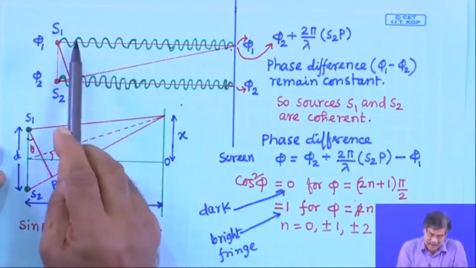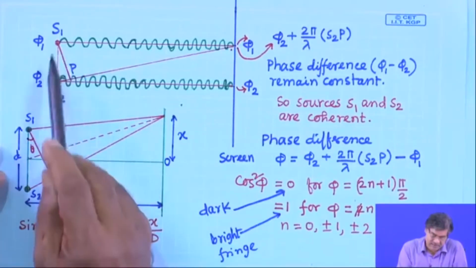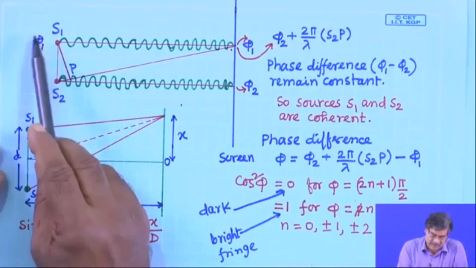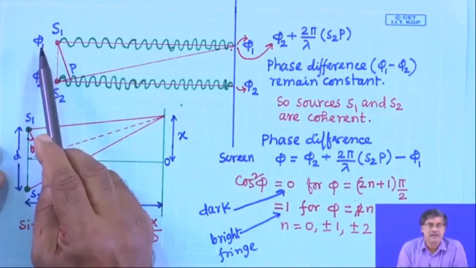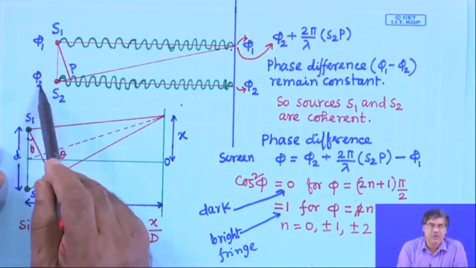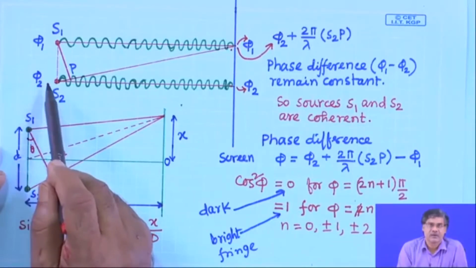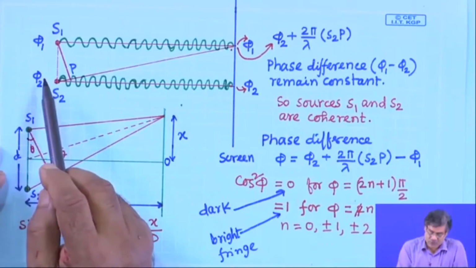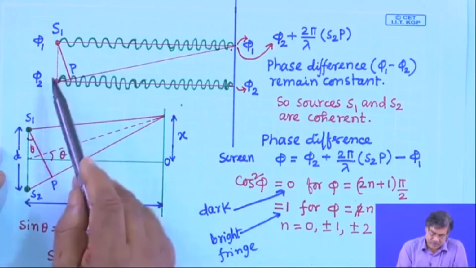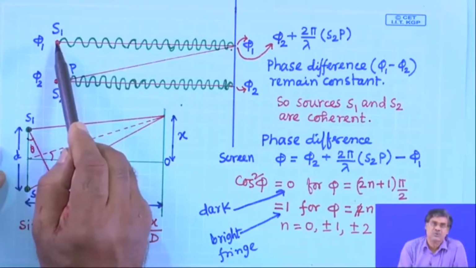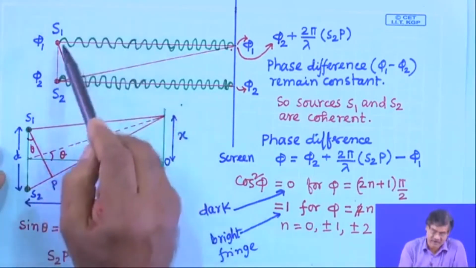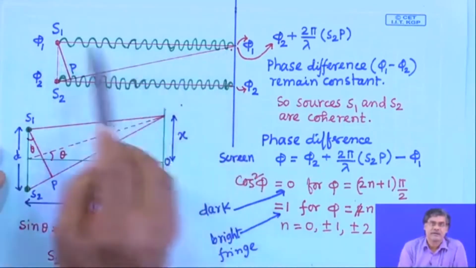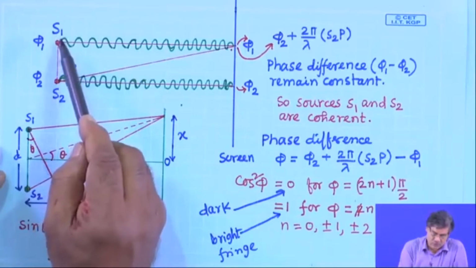And their initial phase, for this one say phi 1, and at this point it is phi 2. This source will emit light in different directions.